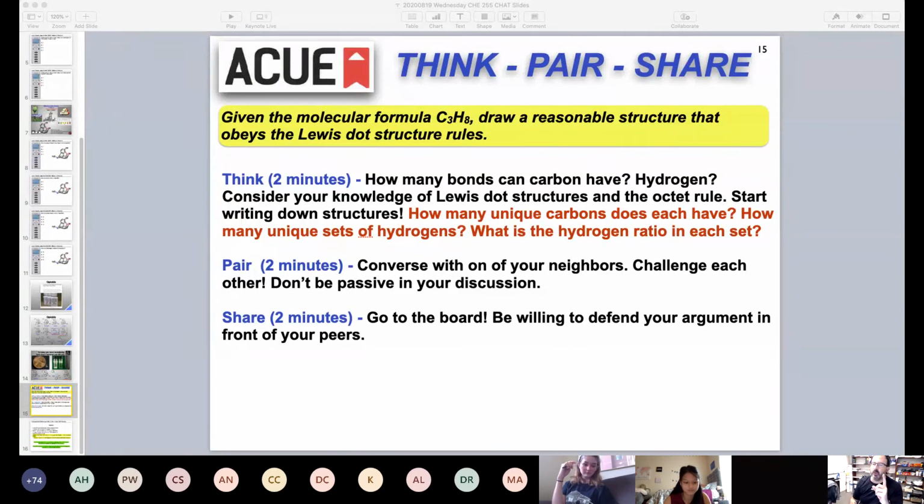So that's 1 unique type of carbon. Then the middle CH2 group is a different type. So that gives you 2 types of carbon. Then the same thing for the hydrogens. The CH3 groups are the same. Then the CH2 group is obviously different, right? Because it's not CH3. So we have 2 unique types of carbon, 2 unique types of hydrogen. And what is the ratio of the hydrogen types?